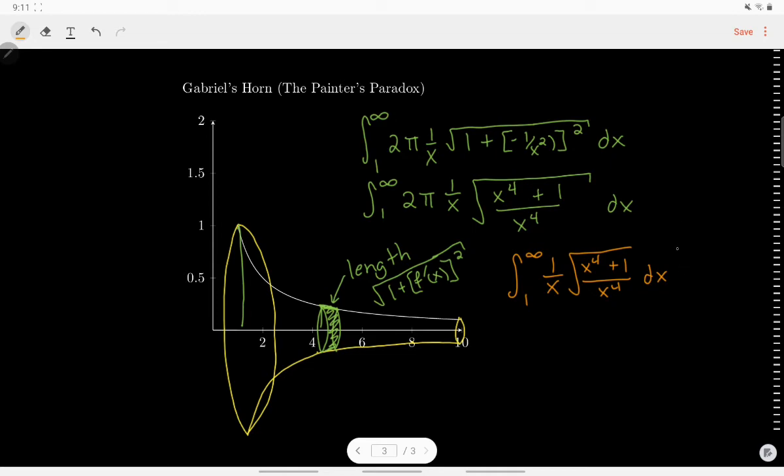Well, if I get rid of the plus 1, this whole term is just going to become a square root of 1, right? If we get rid of the plus 1, x to the 4th over x to the 4th is 1, which will be square root of 1, which will be 1. So I'm going to have the integral from 1 to infinity of 1 over x dx.